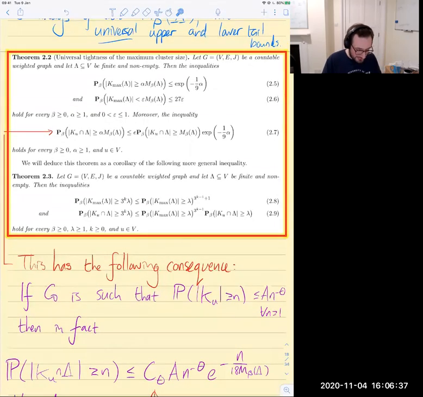So again, this is saying that, completely universally, if you divide this random variable by its typical value, the family of all possible random variables you obtain that way is tight.